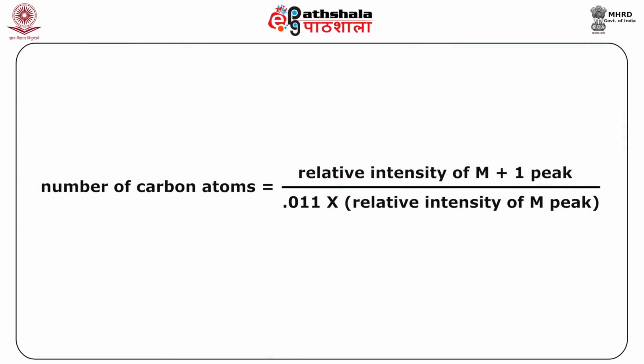Now this means that the number of carbon atoms in a compound can be calculated if the relative intensities of both the M and the M+1 peaks are known. Putting it in mathematical terms, number of carbon atoms is equal to the relative intensity of the M+1 peak divided by 0.011 multiplied by the relative intensity of the M peak.